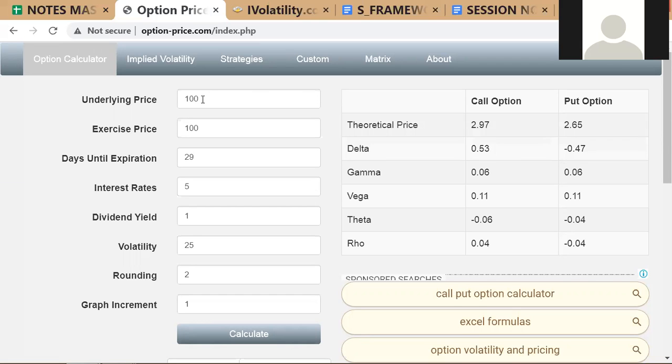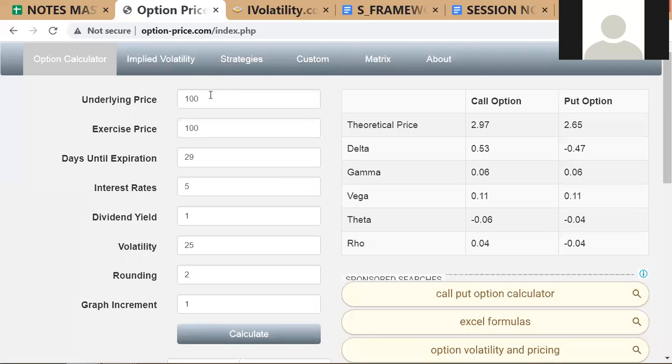So if this rises by 100%, then the put option price will fall by 47%. That's what it means, okay? So delta is measuring the sensitivity of the option premium to a change in the underlying price, this model input.